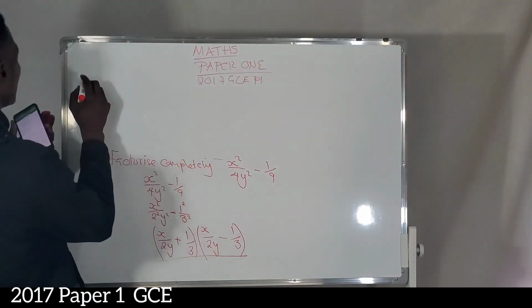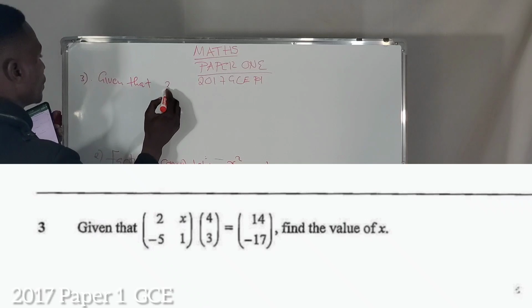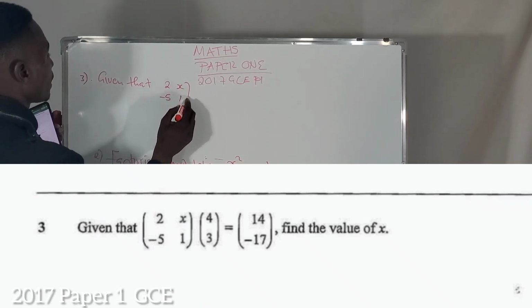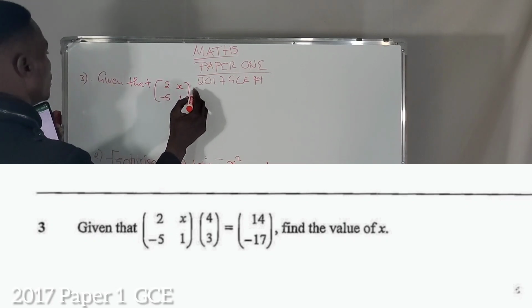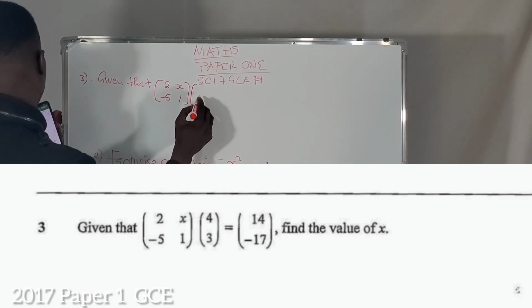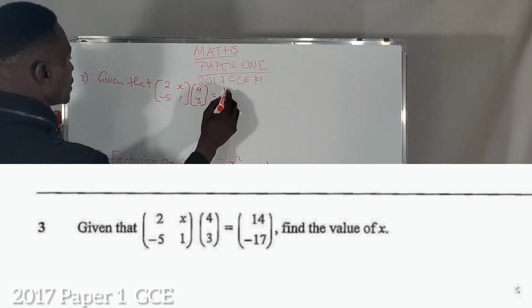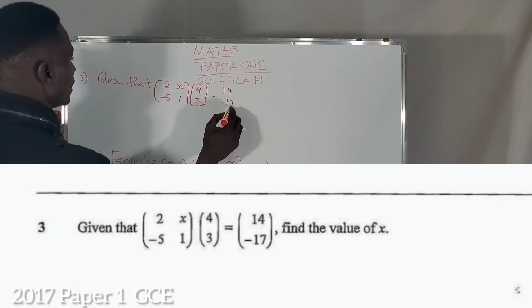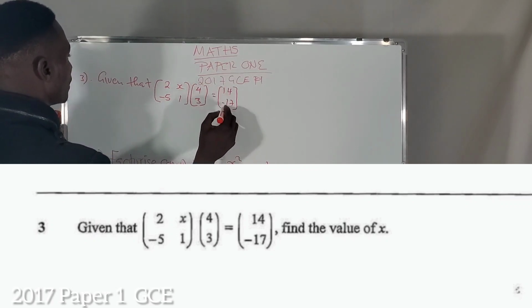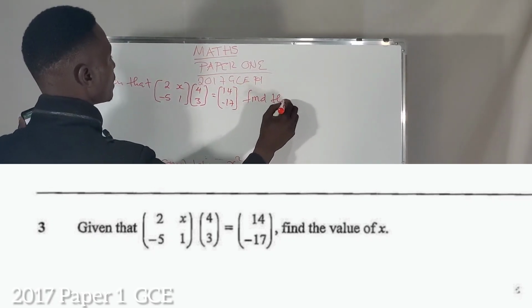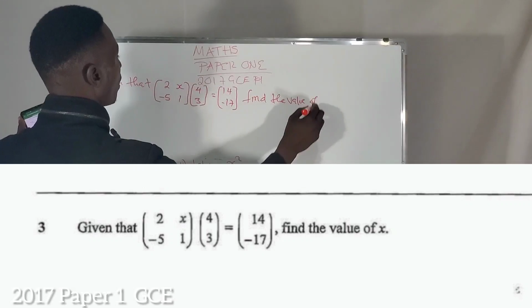Question 3, okay, given that the matrix 2x, -5, 1, like this, multiplied by 4, 3 is equal to 14, 17. Okay, find the value of x. Find the value of x.